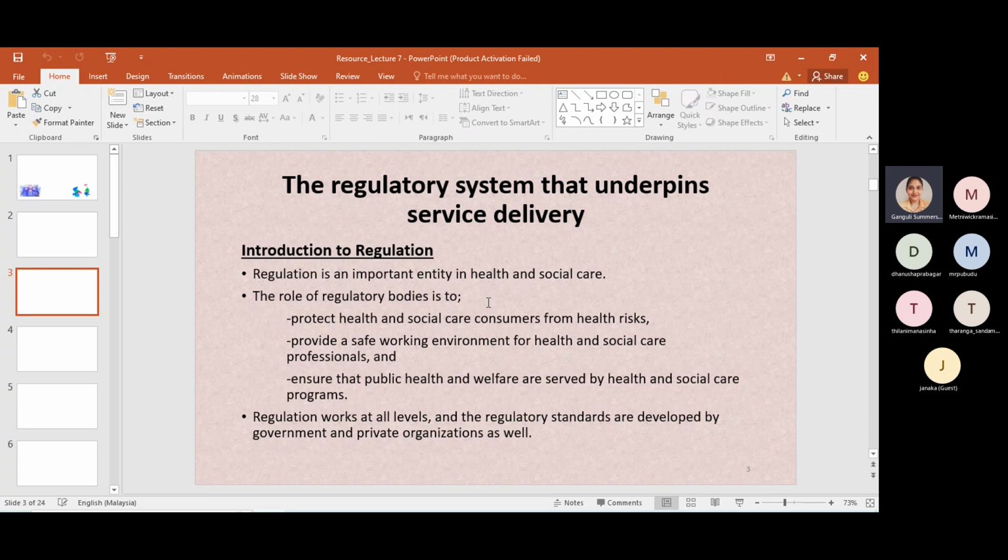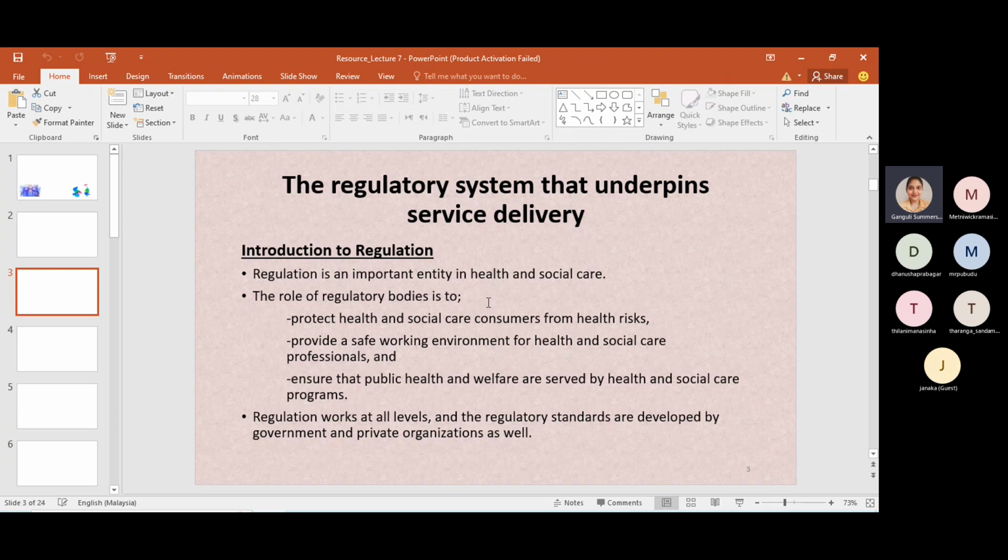That's why regulation is really important in the health and social care sector, because we are dealing with people who need some sort of support. To provide proper support to those people, regulation is really important.